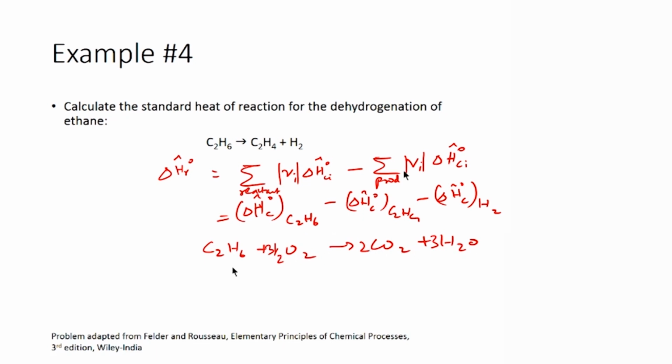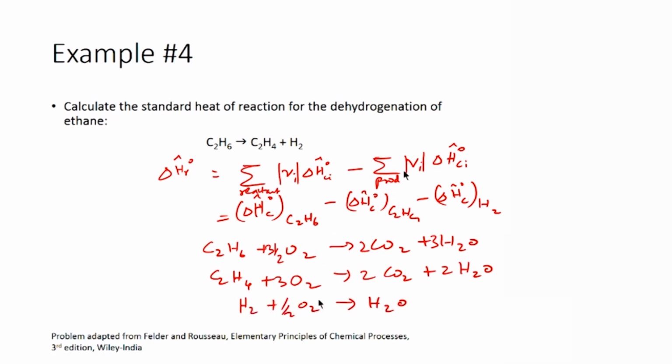And you have C2H4 plus oxygen forming 2 CO2 plus 2 H2O, so 4 plus 2 is 6. So, you will have 3 molecules of oxygen reacting for this, and finally, you would have hydrogen plus half O2 reacting to form H2O. Let us call these equations 1, 2 and 3.